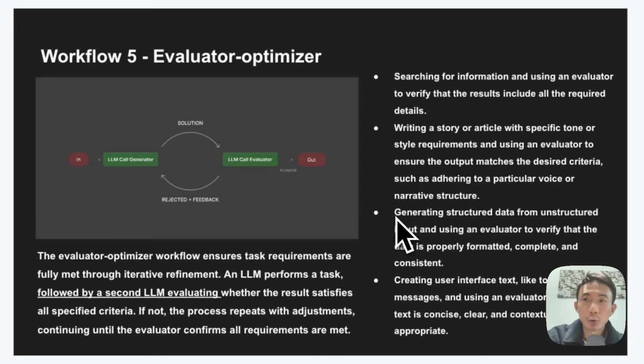Another is generating structured data from unstructured input and using an evaluator to verify that the data is properly formatted, complete, and consistent. Another use case can be creating user interface text like tooltips or error messages, and using an evaluator to confirm the text is concise, clear, and contextually appropriate. It is making sure the result satisfies all specified criteria.